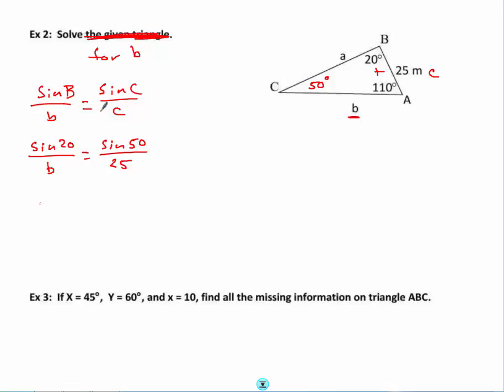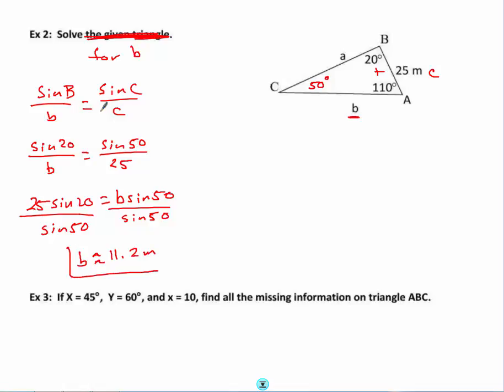Then I'm going to cross multiply and get 25 sine 20 equals b sine 50. Divide by sine 50. I'm going to type it all in the calculator, and that's it. So 25 sine 20 divided by sine 50 is approximately equal to 11.2 meters.